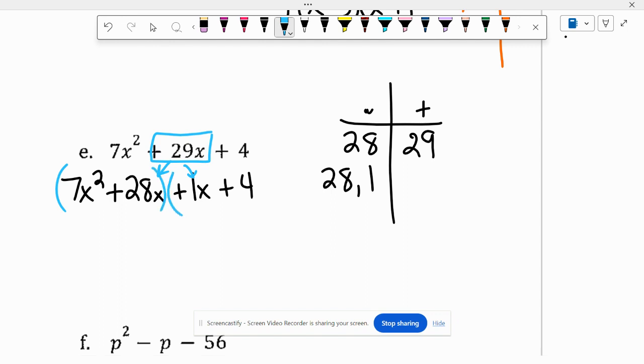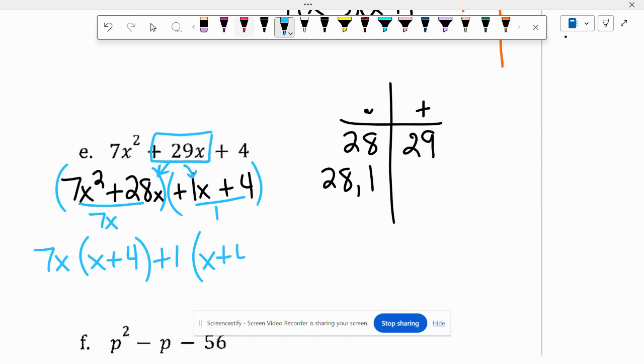Okay. So what can I take out of the first grouping? 7x. When I take out my 7x, I'm left with x plus 4. What can I take out of my second grouping? A 1, and it's a positive 1. X plus 4.